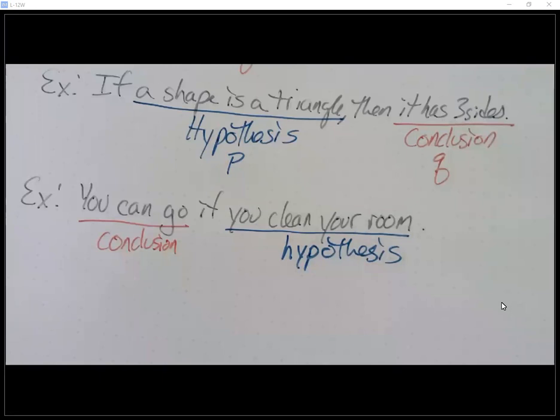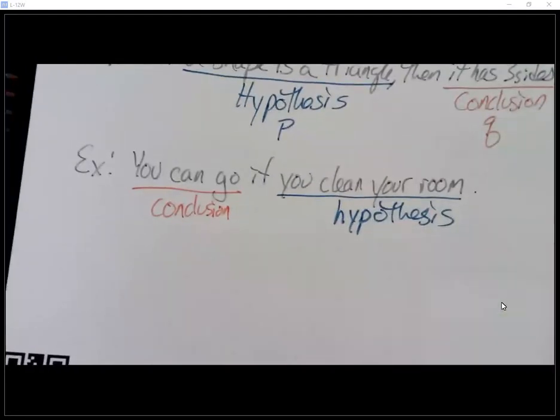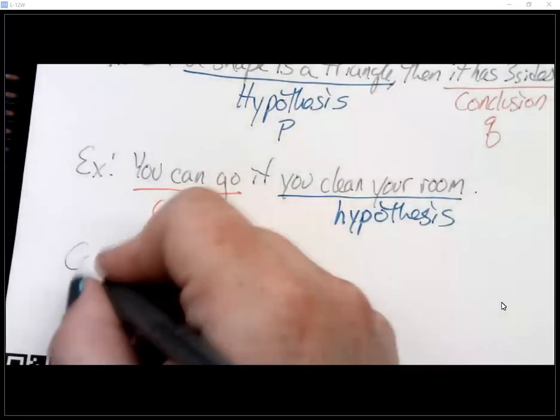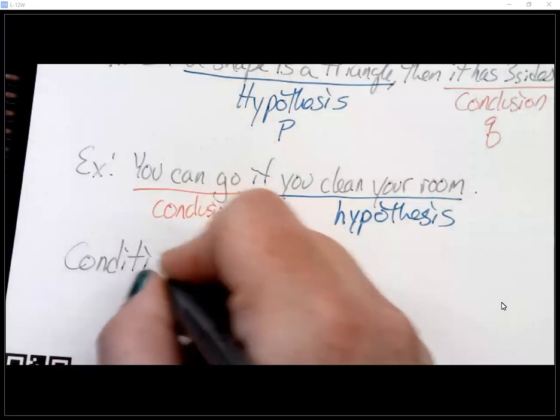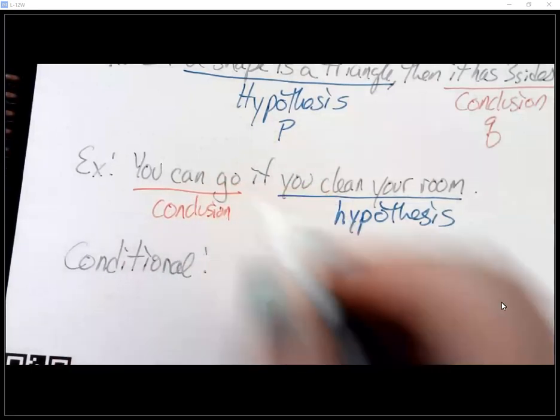Let me show you what it looks like symbolically too. For a conditional statement, let's talk about the P and Q and how the symbols work. A conditional has a hypothesis and a conclusion.